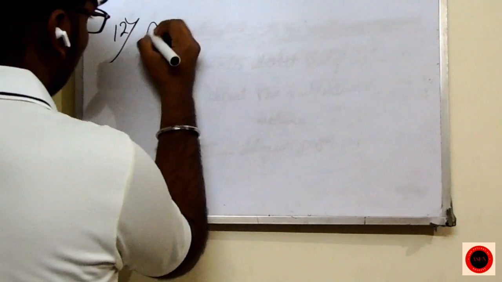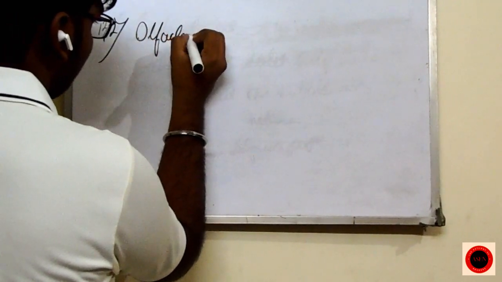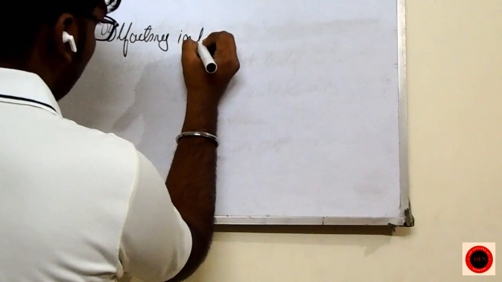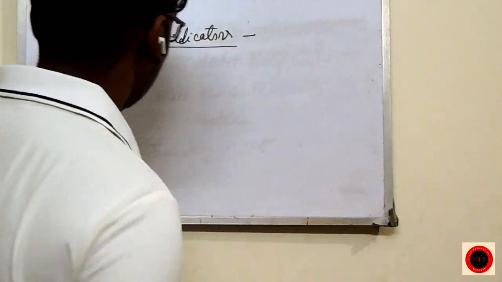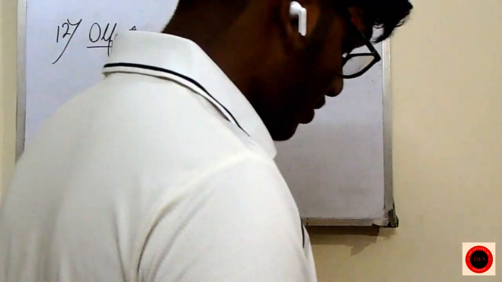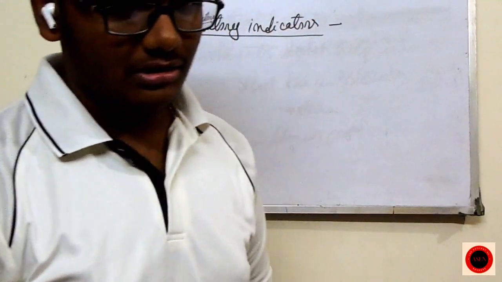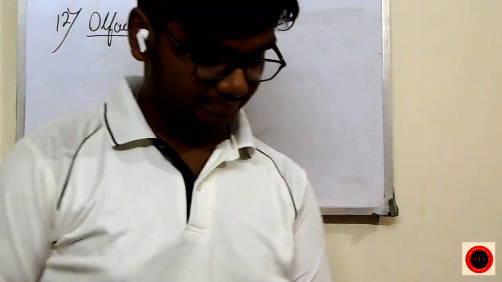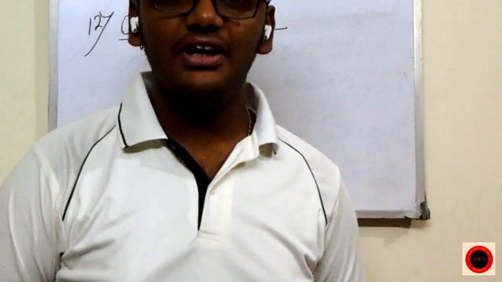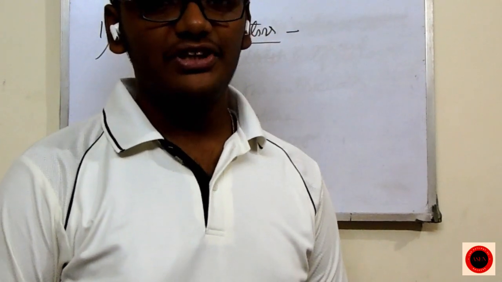The next one is, what are olfactory indicators? What type of indicators are these? Olfactory indicators are the indicators which detect the nature of the substances by their odor, by change in their odor.